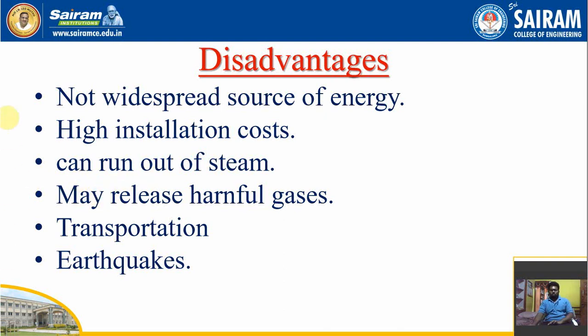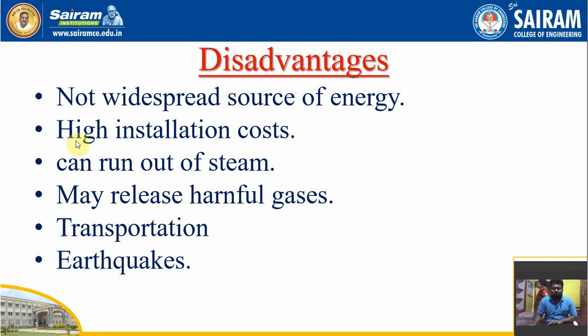The main component required for a geothermal power plant is steam, right? Water. There cannot be a constant supply of water for a geothermal power plant, and hence this is a big problem for its production. As I've already told you, it has a high installation cost and there are no widespread sources of energy.